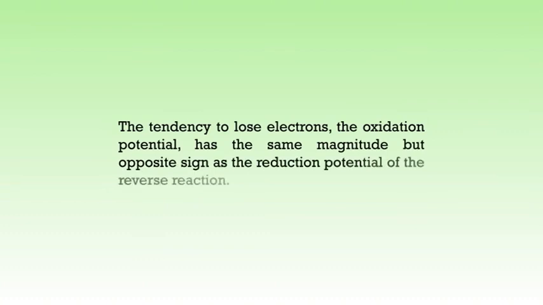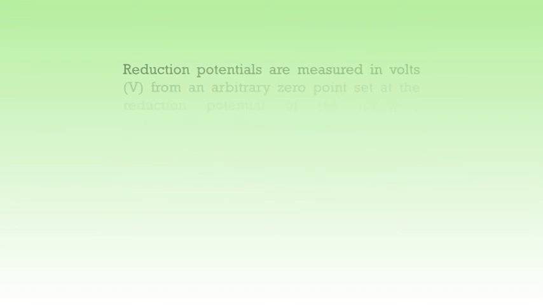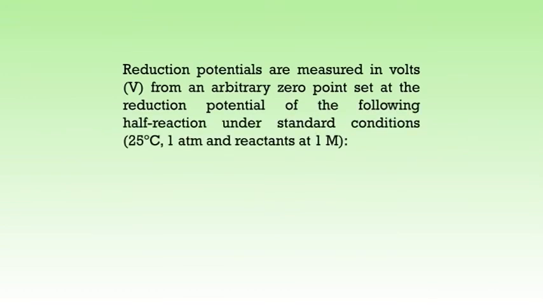The tendency to lose electrons, the oxidation potential, has the same magnitude but opposite sign as the reduction potential of the reverse reaction. Reduction potentials are measured in volts, V, from an arbitrary 0 point set at the reduction potential of the following half reaction under standard conditions, which is 25 degrees Celsius and 1 atmospheric pressure, and reactants at 1 molar.